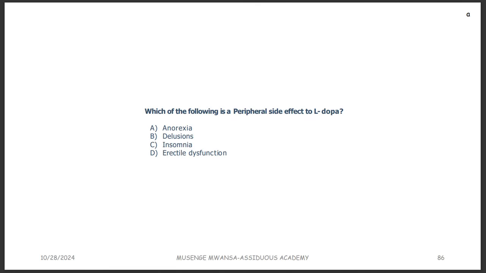Which of the following is a peripheral side effect of levodopa? Anorexia, delusion, insomnia, erectile dysfunction.